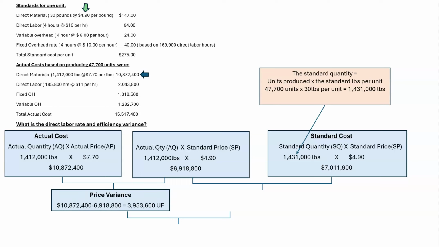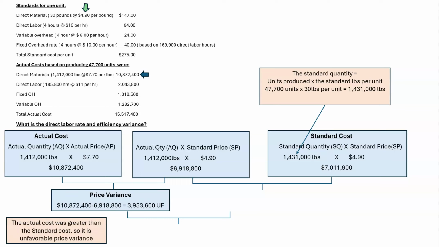Now let's consider what is the price variance, i.e., we spent $10,872,400, but it should have cost us $6,918,800, so we have an unfavorable variance. If we spend more than we thought we were going to, it's going to be unfavorable. Now the quantity variance.